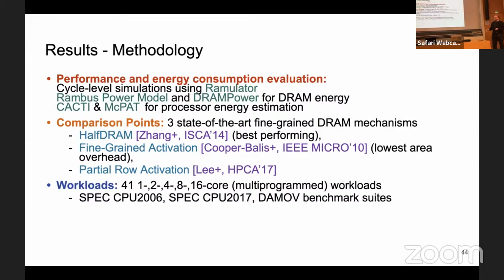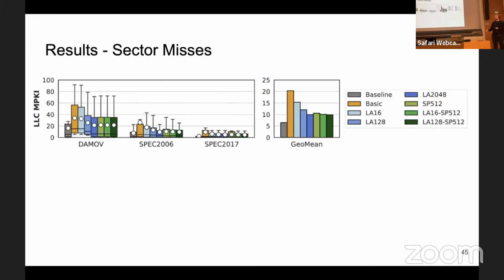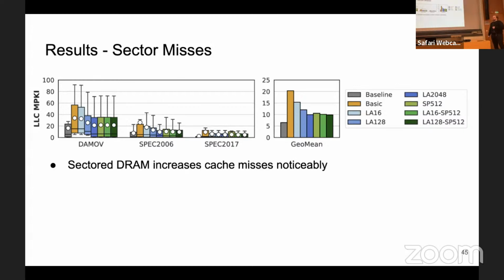I didn't, but yes. Okay, so the first thing I personally thought was interesting is, what's the downside of the system? So we said sector misses are something that happens, so some quick information about this figure. Here on the y-axis, you see the different workloads, and on the x-axis, you see the number of cache misses.